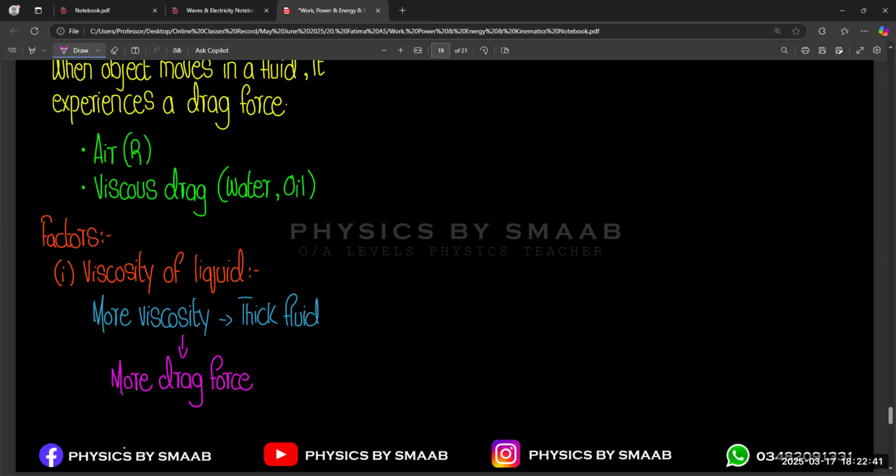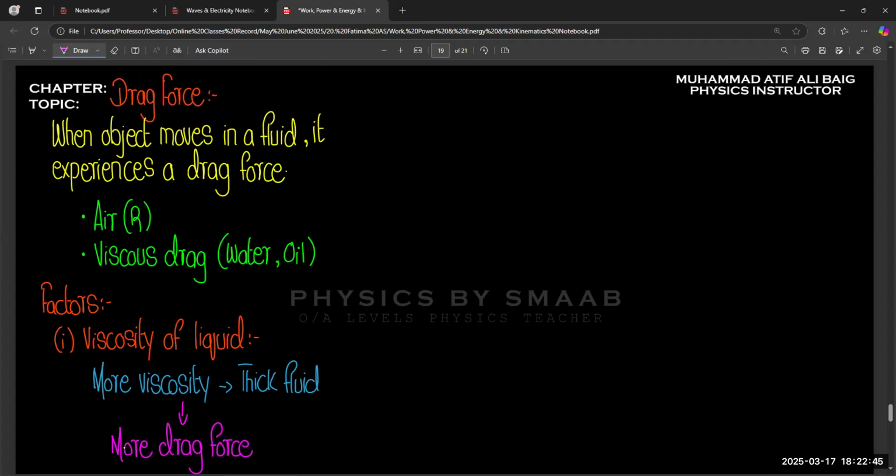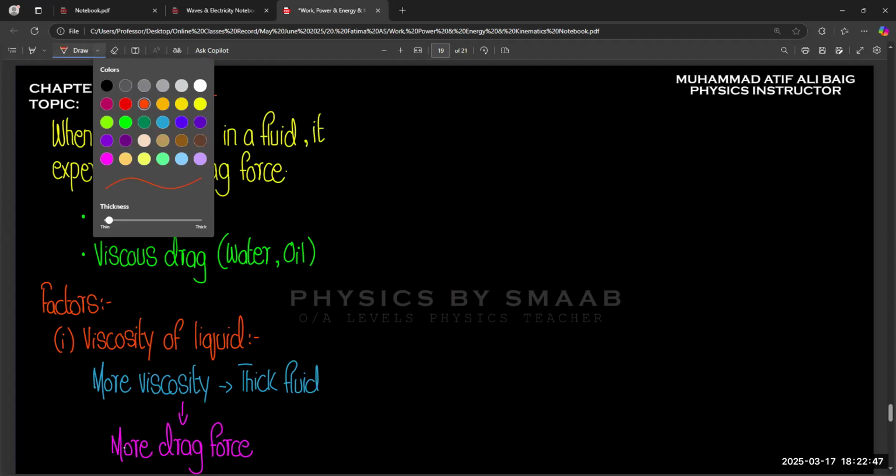So it means drag force is directly proportional to viscosity. If we have thick liquids, the viscosity or the drag force will be greater.